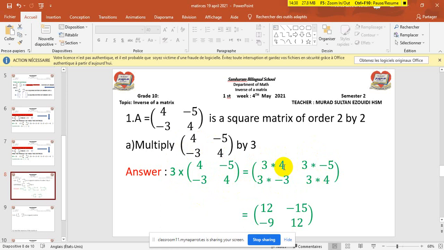So then you should calculate the products. You can see that 3 by 4 is 12 and 3 multiplied by -5 is -15. 3 multiplied by -3 is -9 and 3 by 4 is 12. This is the last answer.